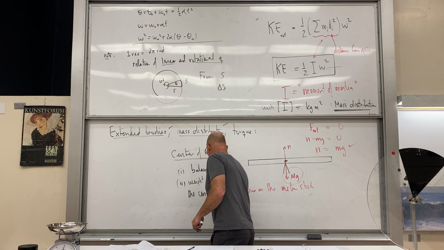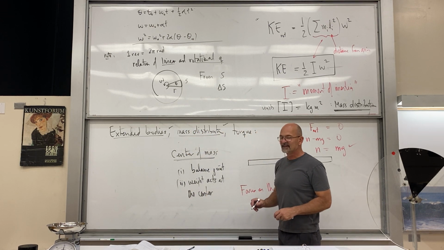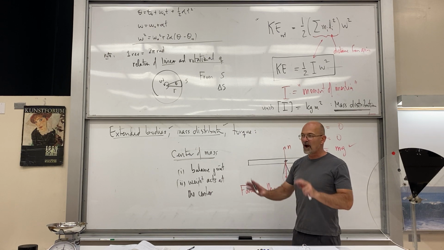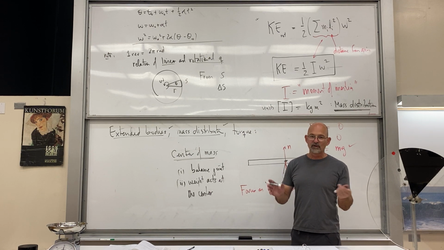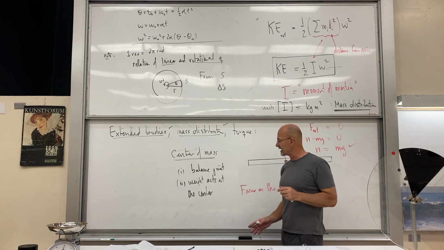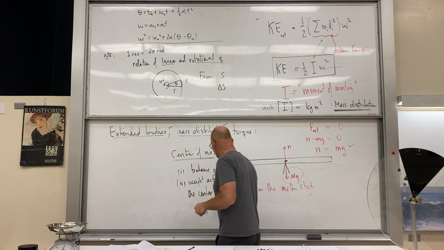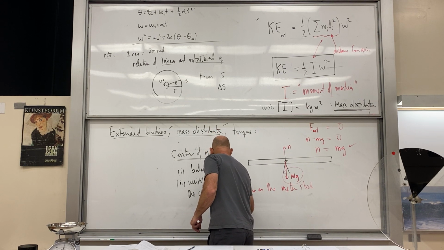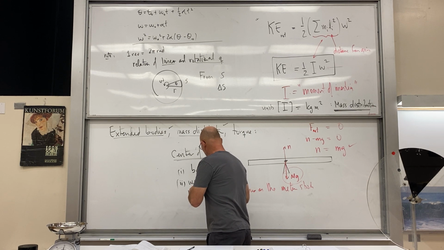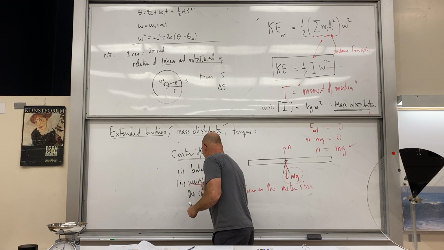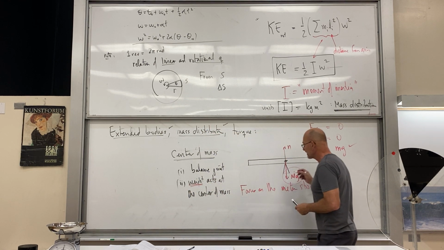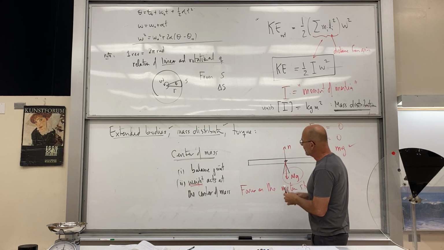Now there's a technical point where you could say it's the center of gravity. For our class, we're going to identify center of mass and center of gravity. Don't worry about that. So the weight acts at the center of mass. And there's the proof.